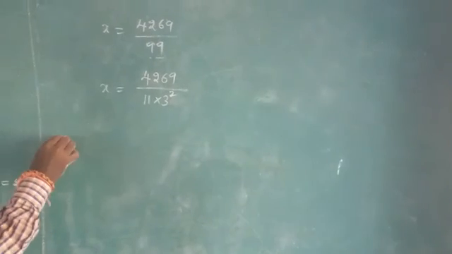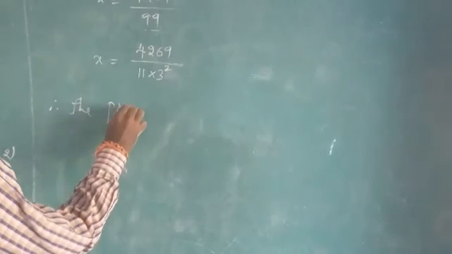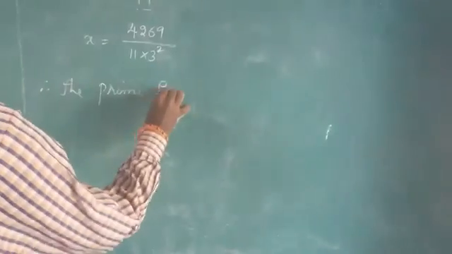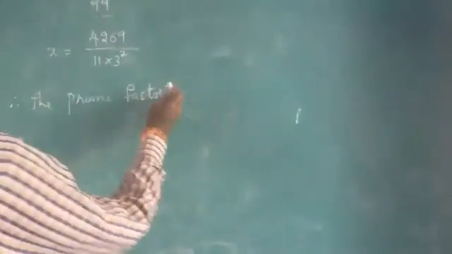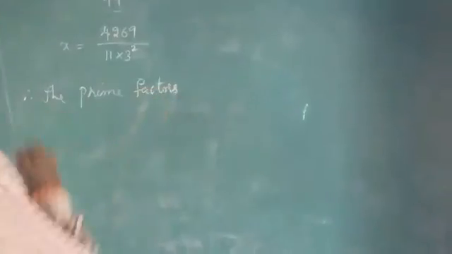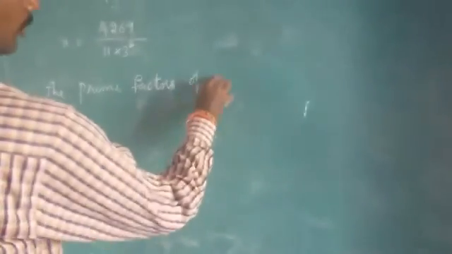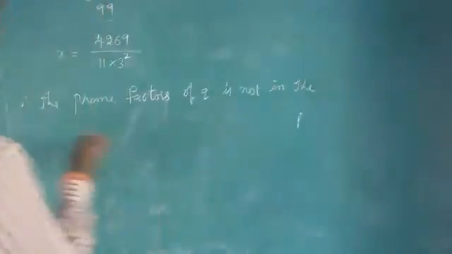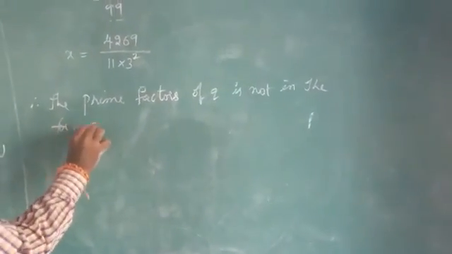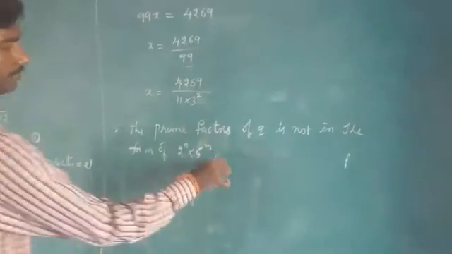So here what you observe is the prime factorization. The prime factors of Q is in the form of 2 to the power of n into 5 to the power of n.